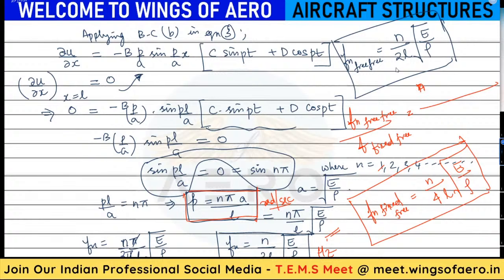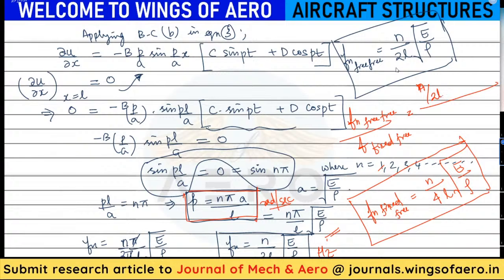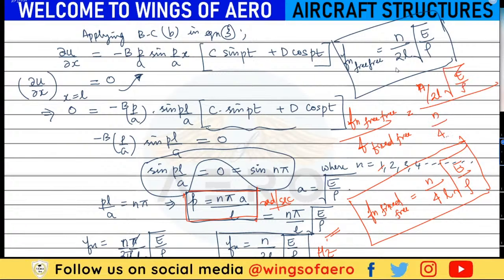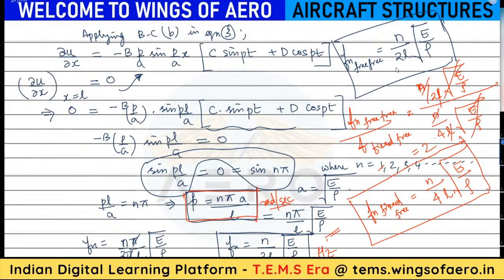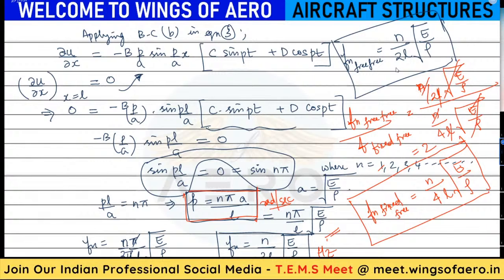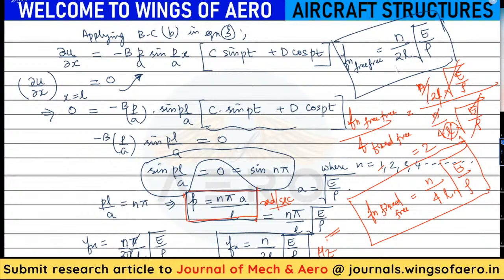For the second mode, whatever the number of modes will be, you can write n by 2l root over E by rho, and here n by 4l root over E by rho. This n and n will get cancelled, l will get cancelled, so you will get 2 finally. Now sometimes if they ask L becomes twice the length of the previous one, then this length will become 2L, very commonly, right?